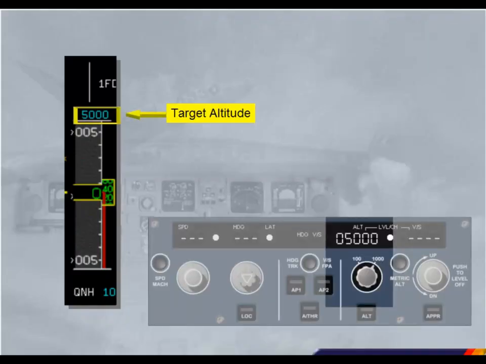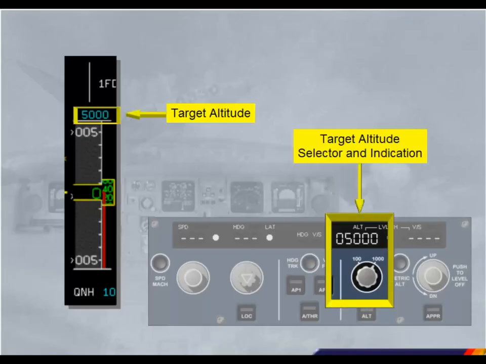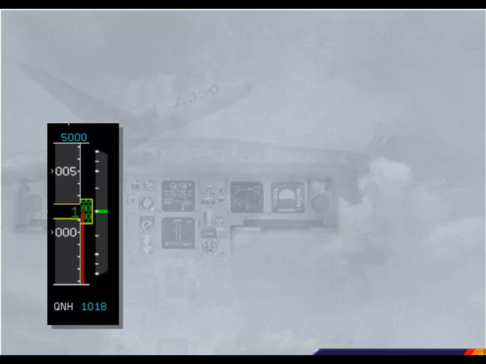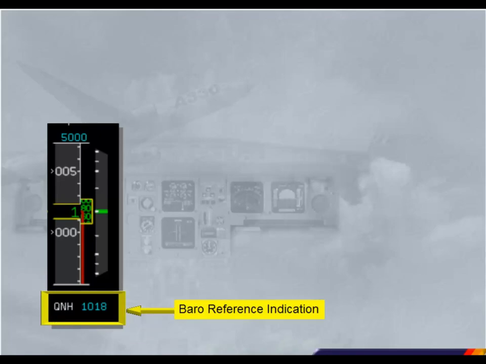On the FCU is an altitude selector with an indication of the selected target altitude. At the bottom of the altimeter is an indication of baro reference. In the example shown, the QNH is 1018 hectopascal.